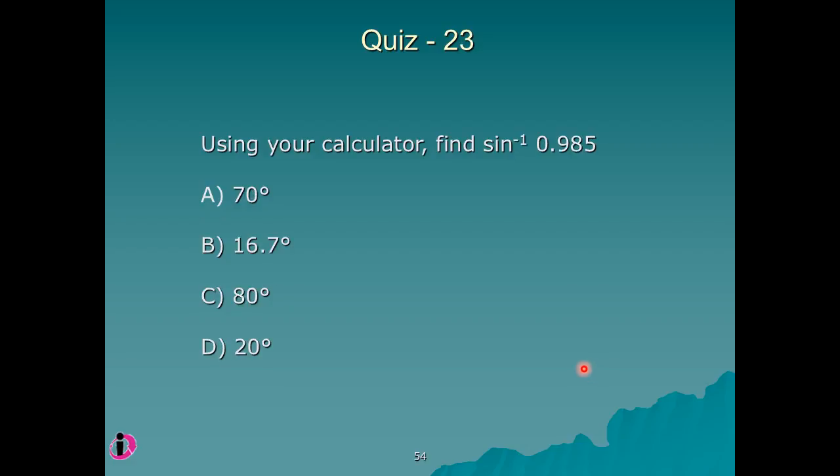Sine inverse 0.985. 80. Okay. Cosine inverse 0.766. 40. Okay. Cosine inverse 0.819.